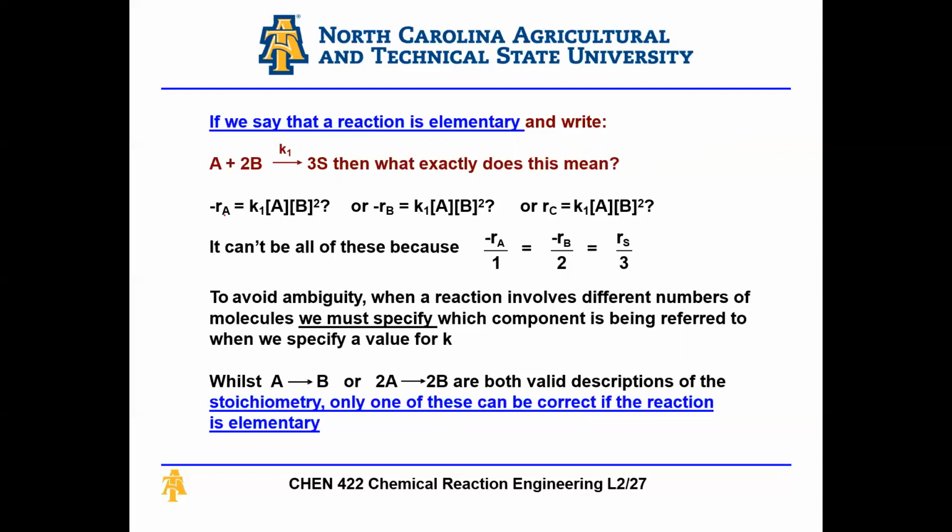I'm talking about the reaction rate with respect to A. It's going to be k1 A B squared. If I'm talking about the reaction with respect to B, again, it's going to be k1 A B squared, but because both A and B are reactants, I have a minus here. Talking about it with respect to C, then I have rC, the plus sign, is equal to k1 A B squared, right?